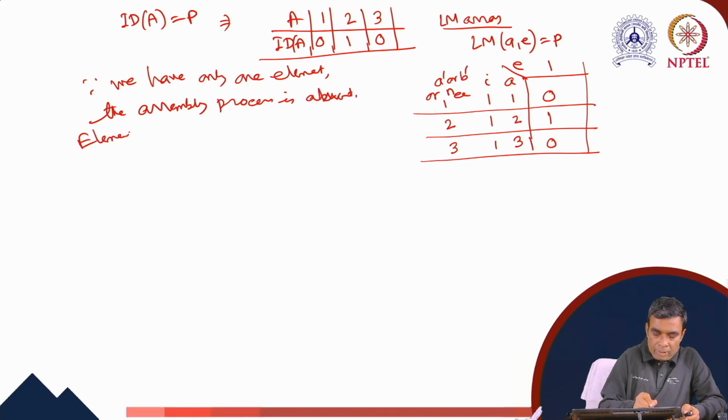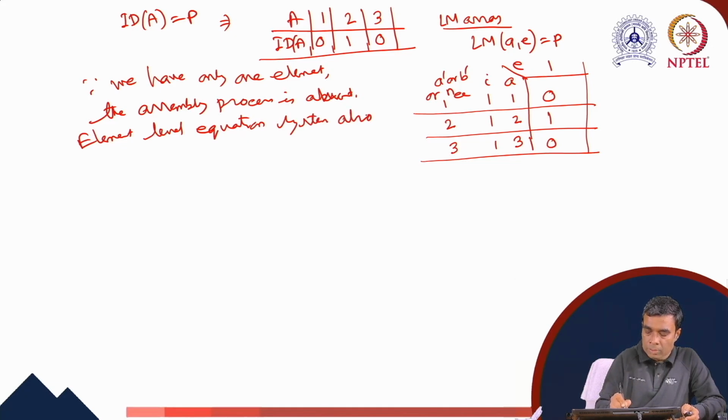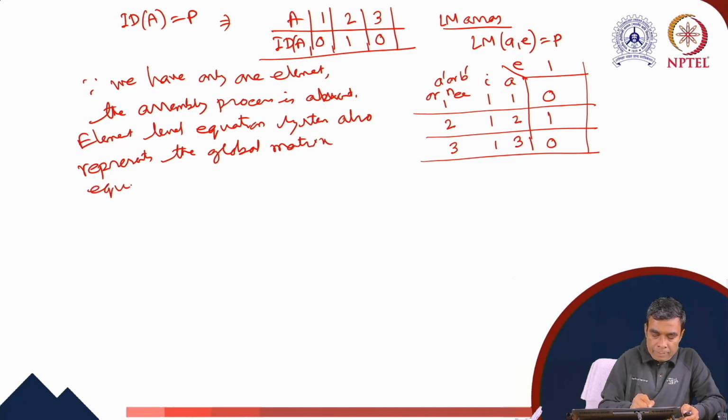The element level equation system also represents the global matrix equation system.